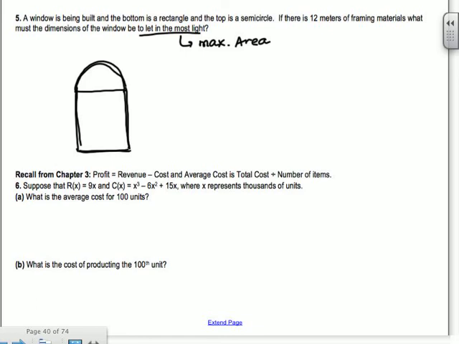I'm going to call my bottom x. Now that means the bottom of the semicircle is x. So how can I find the distance right here that I'm drawing in red? It's like you take the circumference, but divided by 2. So instead of 2 pi r, it's pi r.